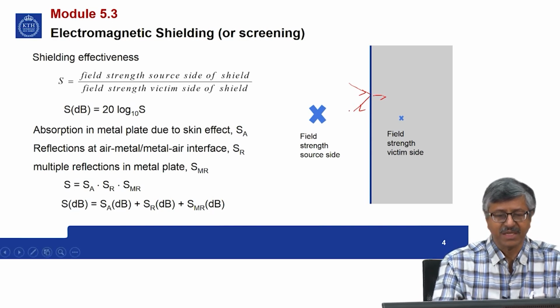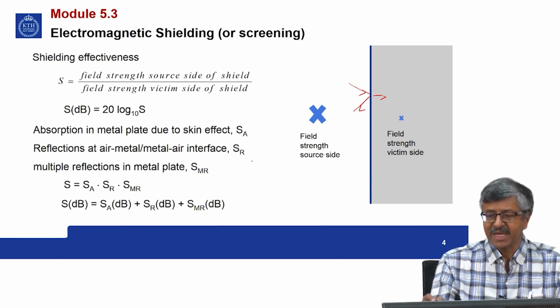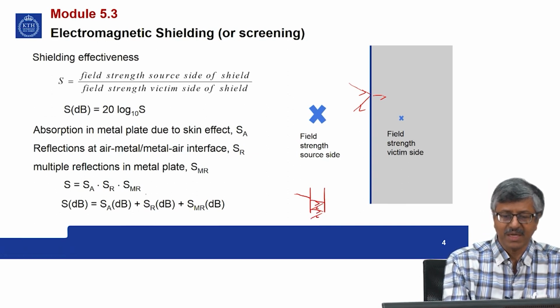So, this reflection at air metal air interface, that will be S subscript R. Then inside the shield, this is your thickness of the shield, you can have multiple reflections. So, that part is called MR.